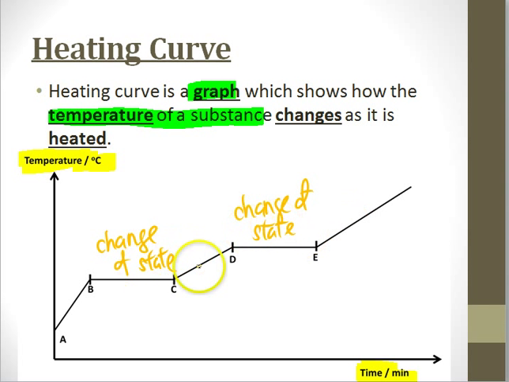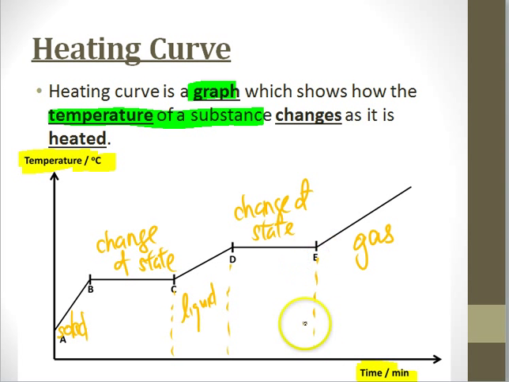So if you have two changes of state, most probably all three states must be here. At a higher temperature, definitely this should be a gas. At the starting part, it should be solid. Definitely in the middle here, it will be a liquid.